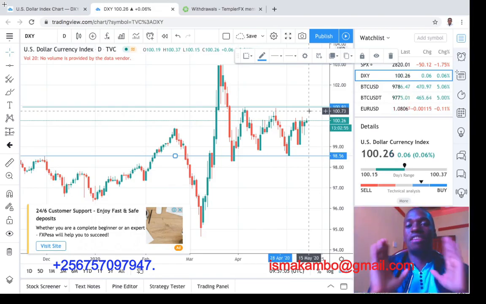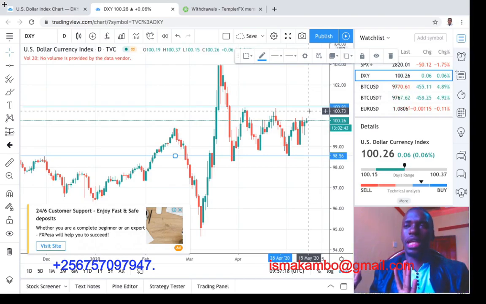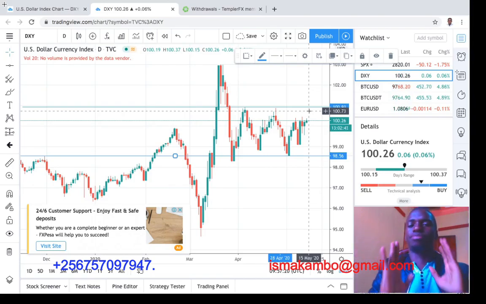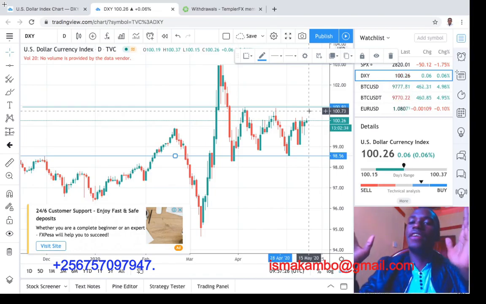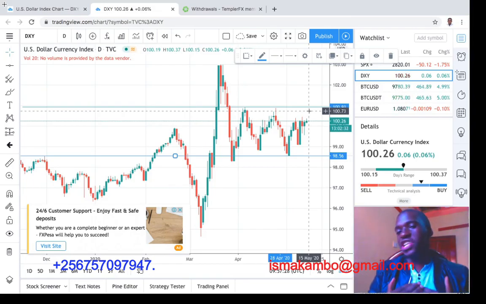Just like we said, if there is a negative correlation between the two instruments, we will be expecting opposite movements: if this is moving up, this will be moving down. Then, if it's a positive correlation, it literally means that the two instruments are moving in the same direction but with varying degrees.